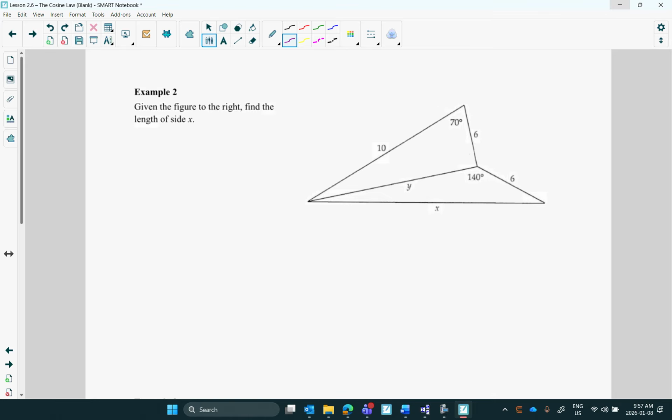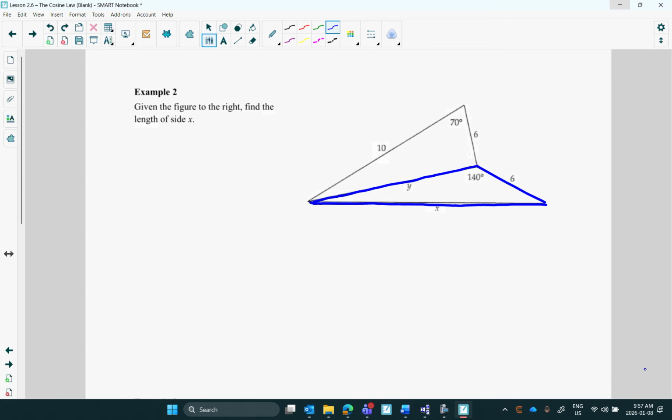Here we have 2 non-right triangles, and we're asked to find the length of x. Well, if I look at this non-right triangle, I can use cosine law if I know what this side is, right?